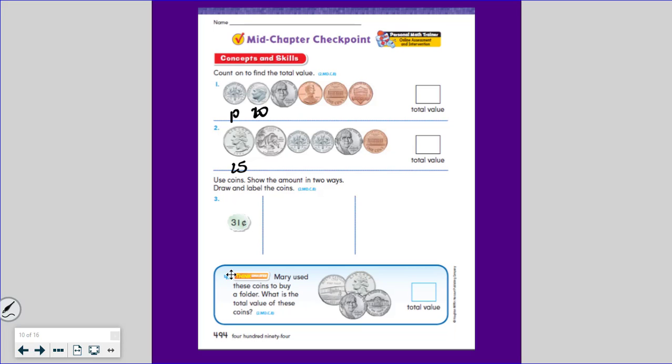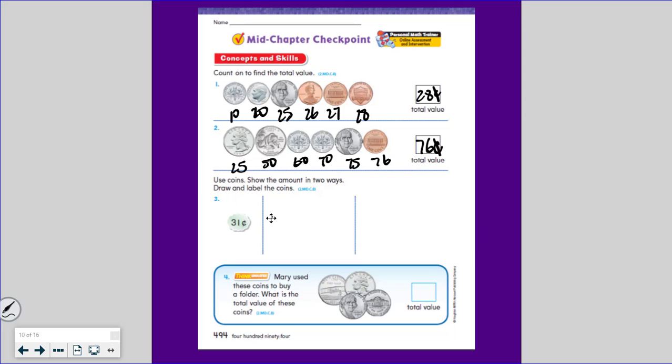Okay, so let's see. Number 1, we got 10, 20, 25, 26, 27, 28 cents. So we're going to write 28 cents in the box. 25, 50, 60, 70, 75, 76 cents. Down here, I'm going to just start with my way.